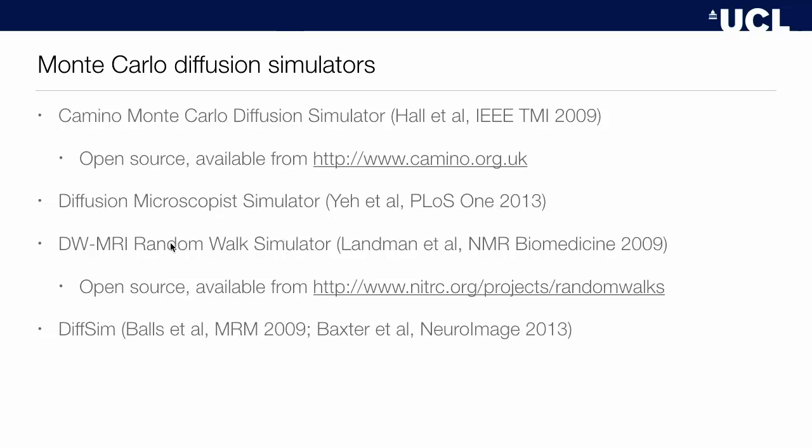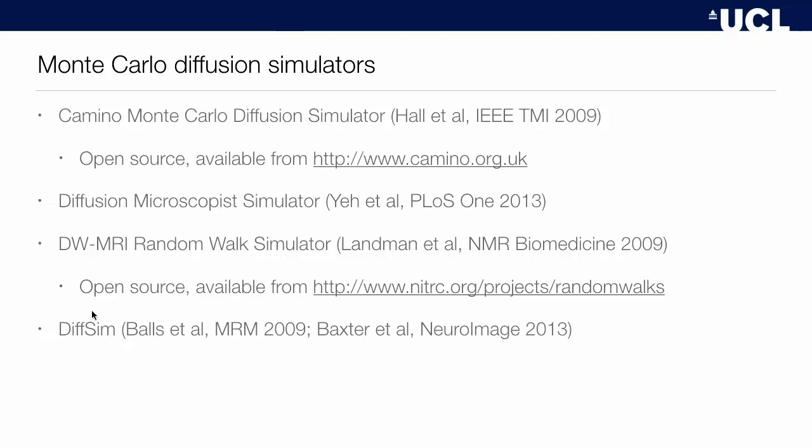And the second tool that actually is publicly available is this DWMRI random walk simulator developed by Landman et al. and published in 2009. It's really an excellent tool. And you can, again, download it from the NITRC website here. And the fourth one that I'm aware of is called DivSim, developed by Balls and Greg Baxter in 2013.